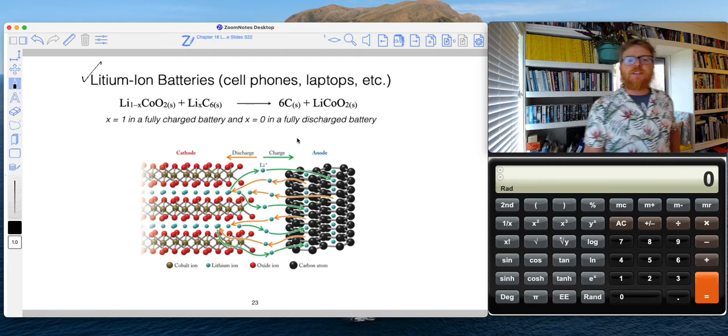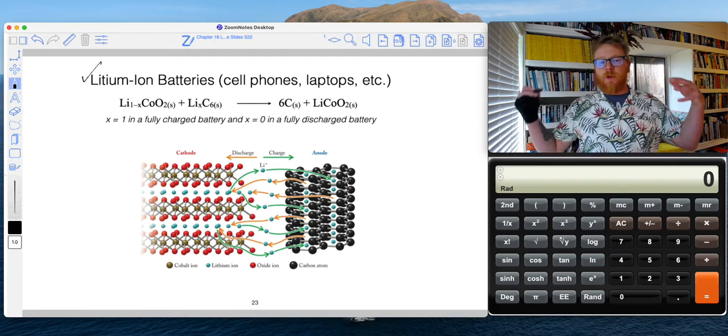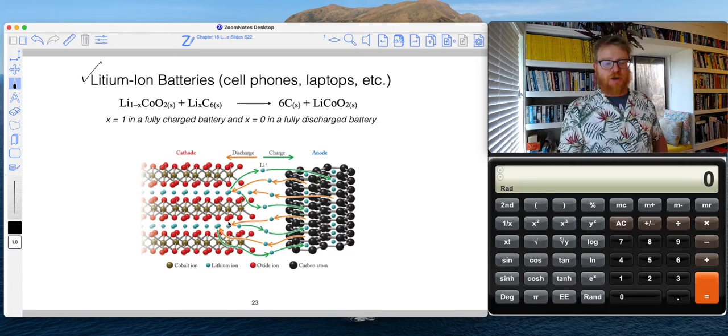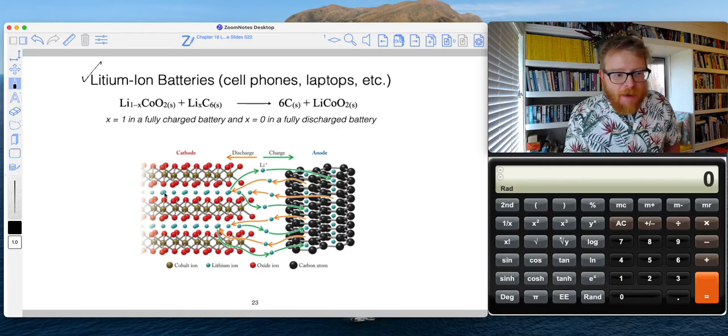So when the battery is fully discharged, so when it's dead, so you can see discharge, we get these lithium ions that can sandwich themselves in between these cobalt oxide structures, okay?